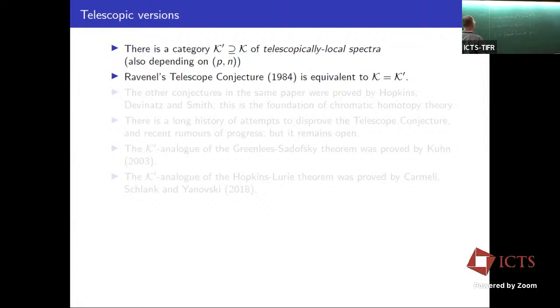And to make this curly K prime look similar to curly K, here's a better way to say it.